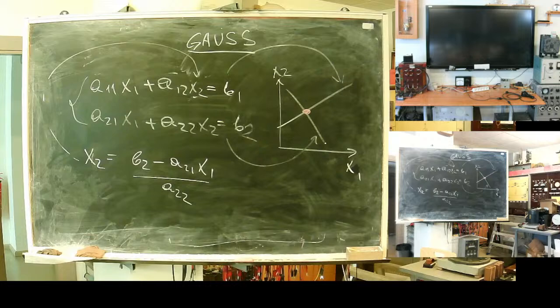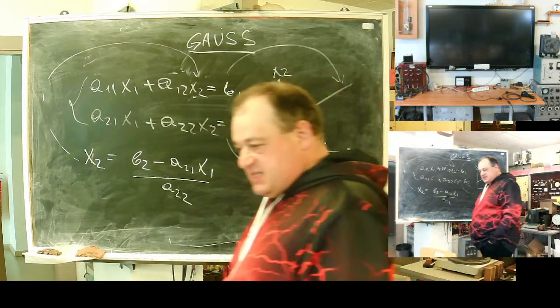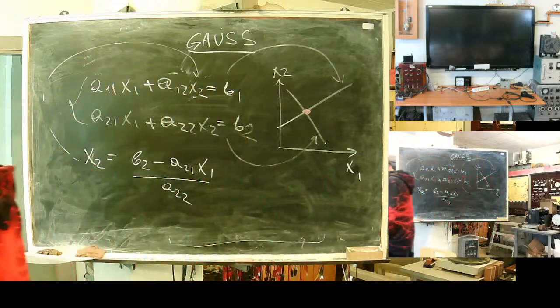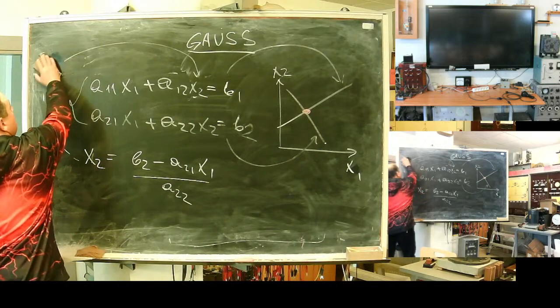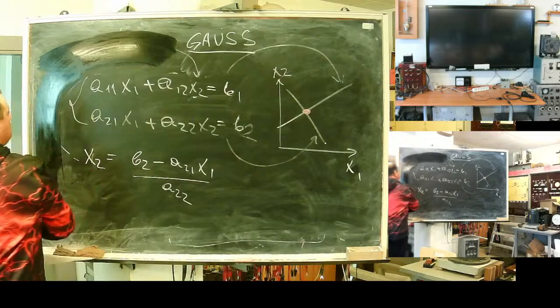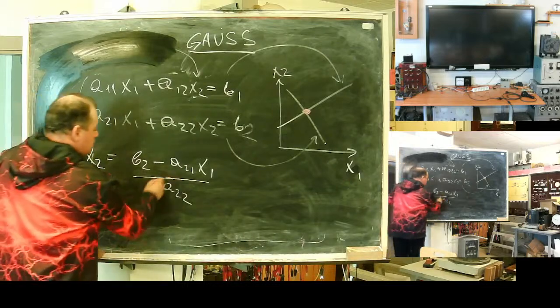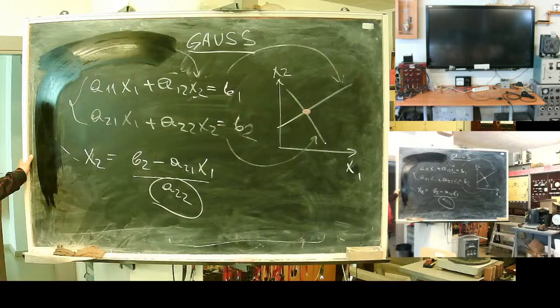Actually, it's a standard or reference point for linear system solution. It really works, but there are small problems. Problem number one, see, there always is division by the main diagonal element.